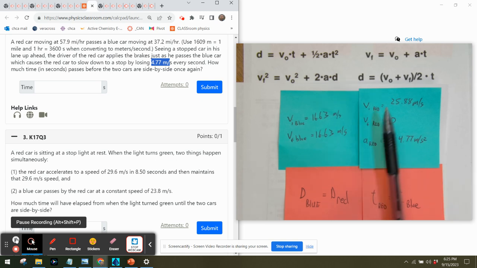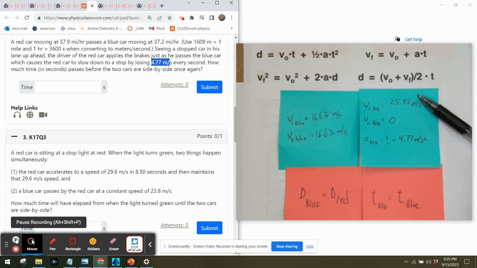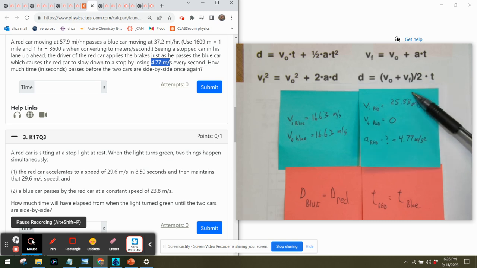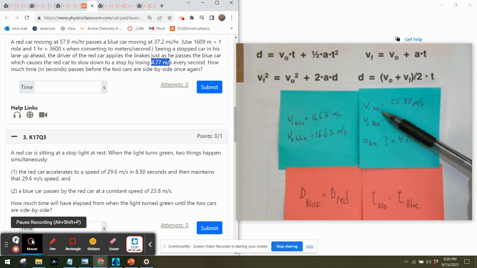And on the red side, we have an initial velocity, a final velocity, and an acceleration. Our secret is knowing that since the D's are the same and the T's are the same, if we use any of these equations, we can substitute into a system of equations, and if we solve for D, we can put it in the place of one of the others. So what does that look like?